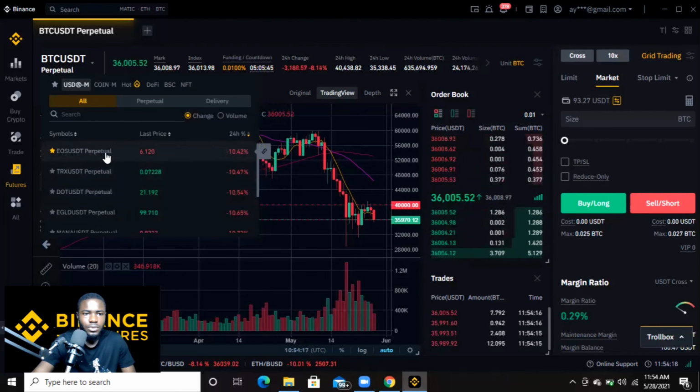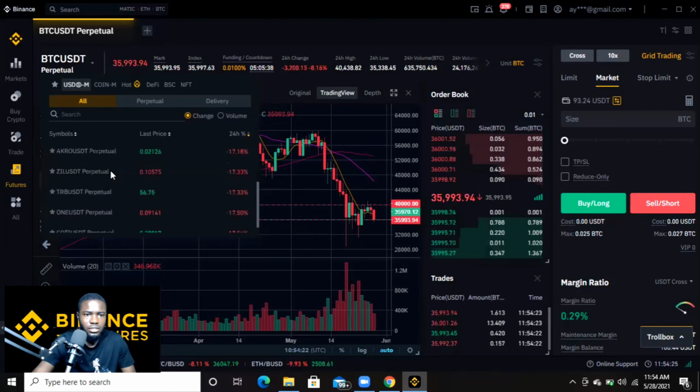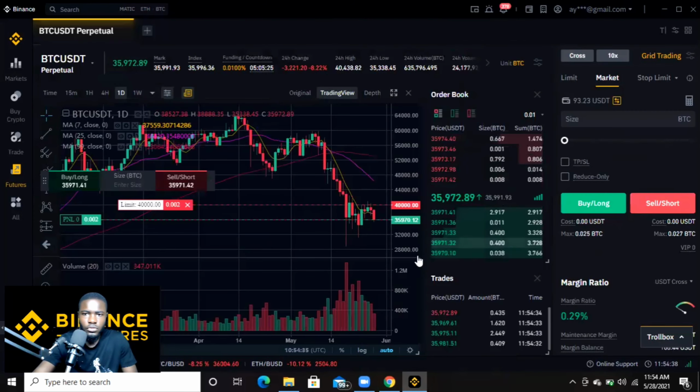As you can see, you can trade EOS, you can trade ETC, you can trade a whole lot of instruments in the Binance Futures market. But I like to stick to BTC and Ethereum and EOS, the major coins, as far as futures market is concerned, right?